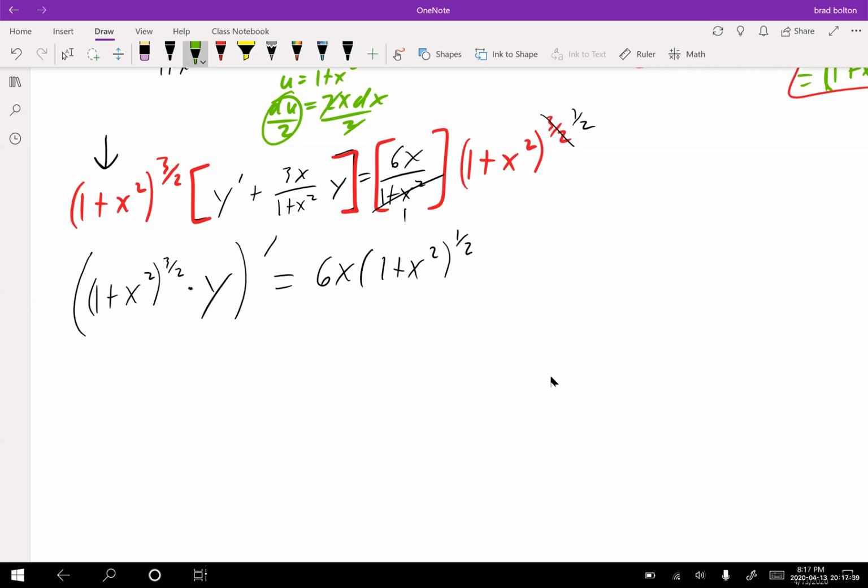And then step 6 says we integrate both sides. So this cancels with this, and we're left with 1 plus x squared to the 3/2 power y is equal, well, I guess we're going to have to integrate that again.